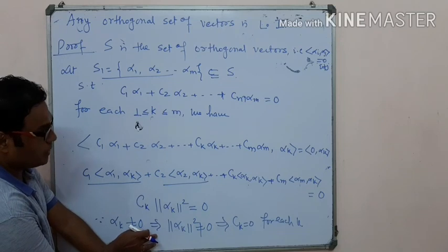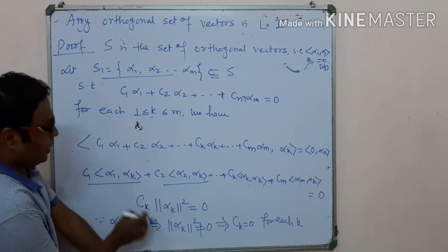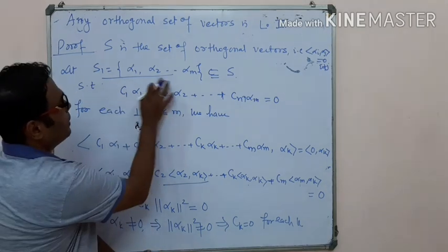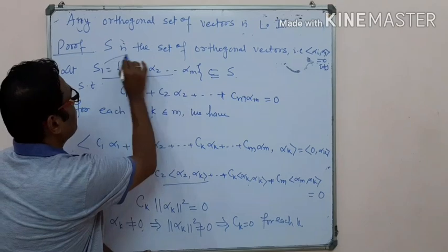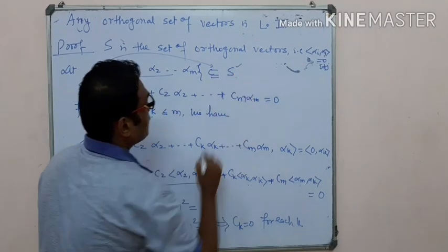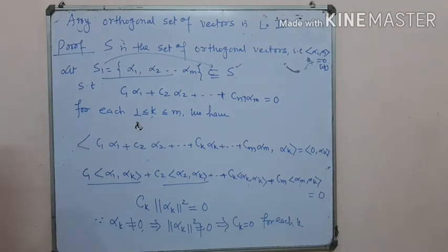So S1 is linearly independent and this S1 is a subset of S, so this S is linearly independent. Now thank you.